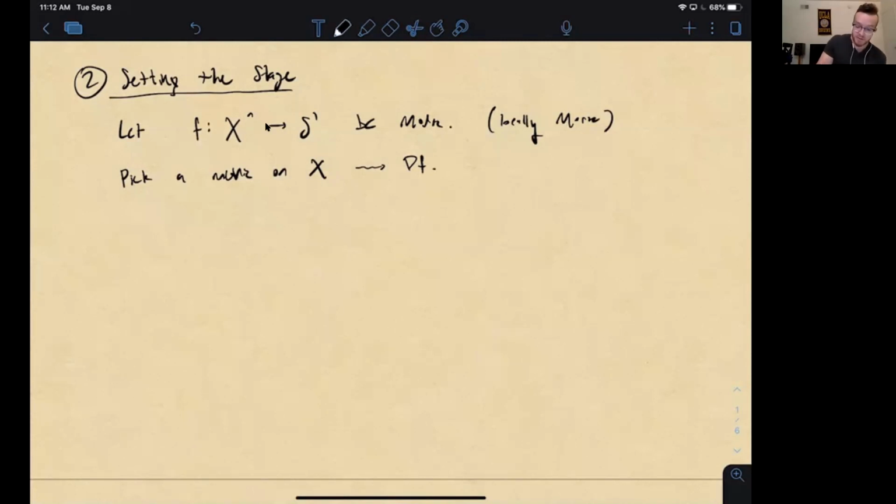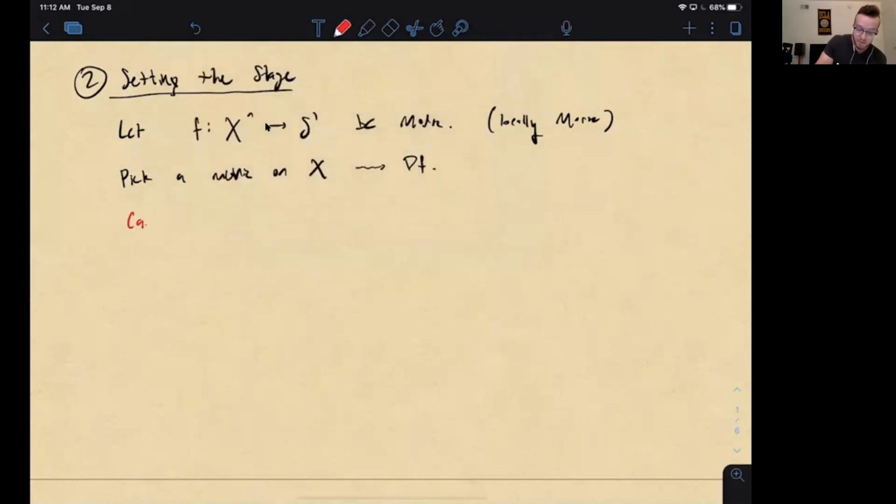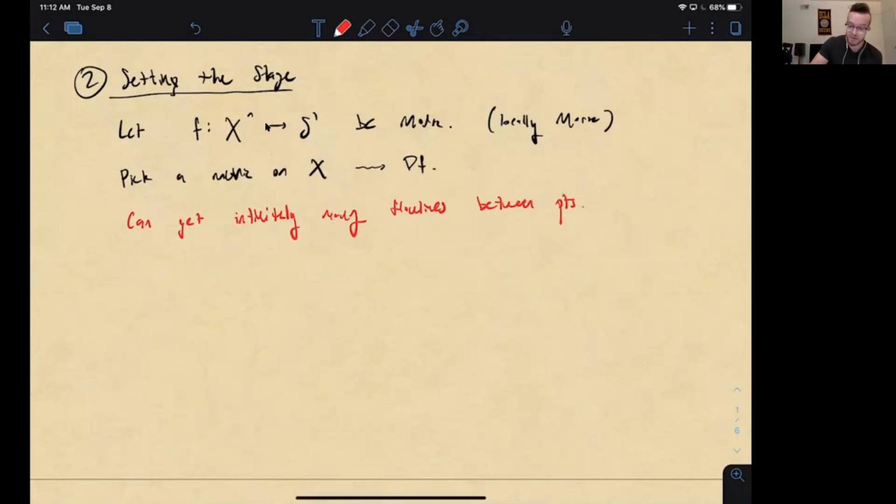So the issue is that here you can get infinitely many flow lines by circling around the manifold many times. So we need to figure out how to deal with this to count things.